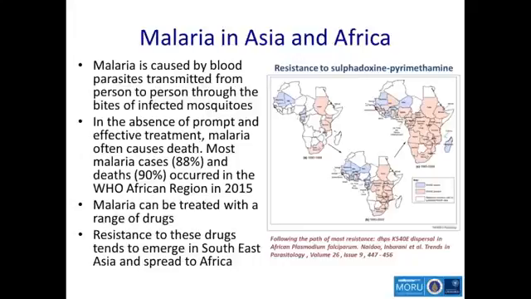Artemisinin resistance has already emerged in Cambodia and in other parts of Asia, and the question is now, will it spread to Africa, and what will be the public health and economic burden of such a spread? That's why I'm interested in Asia, because although the burden is low, what happens in Asia could have a very significant impact on what happens in Africa, where the burden is high.